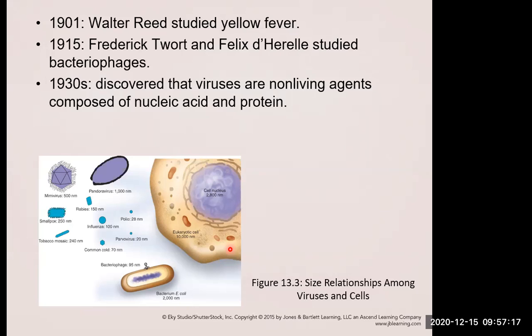They found it doesn't have cytoplasm, it doesn't have organelles, it is protein encapsulating a nucleic acid. So this is less than 100 years ago, so relatively new. This is like 2-3 generations old science.